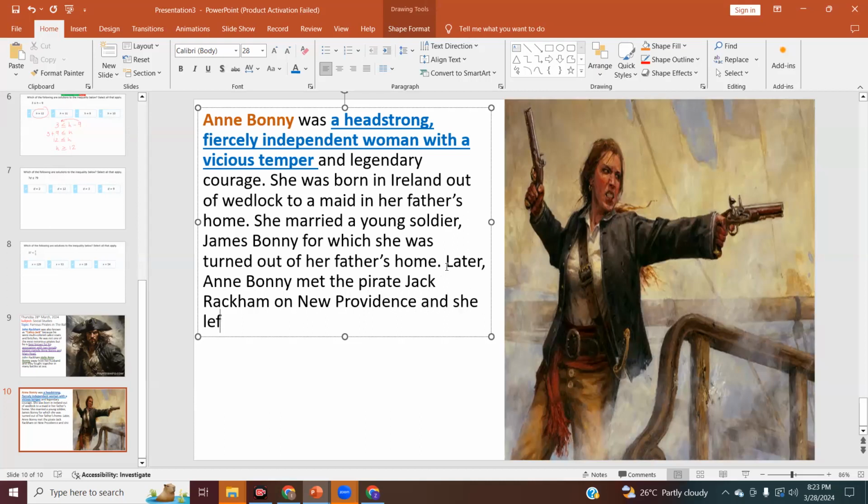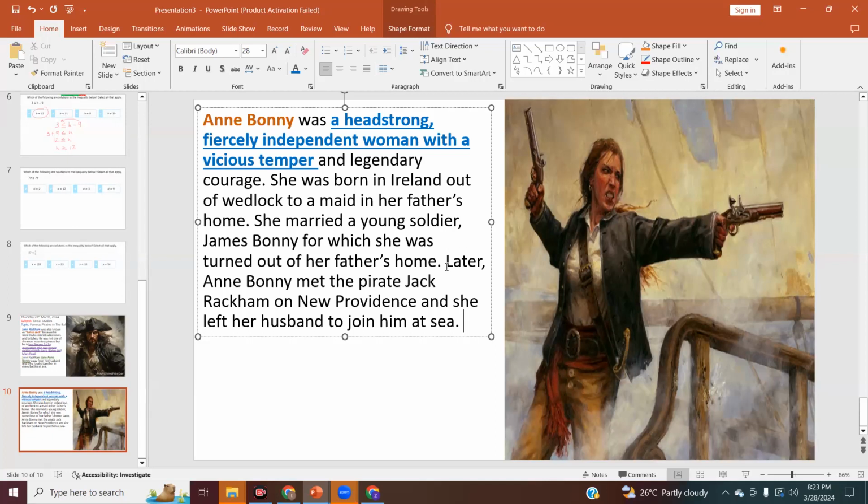And she left her husband to join him at sea. Now, the thing is that she had to dress like a man, because women in those days were not really pirates and into war. They were more at home, taking care of the children.